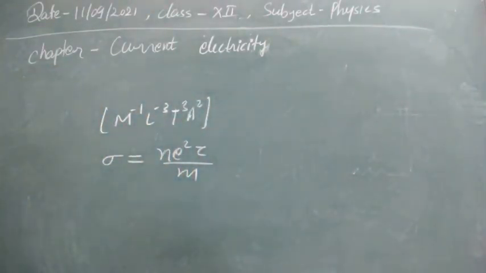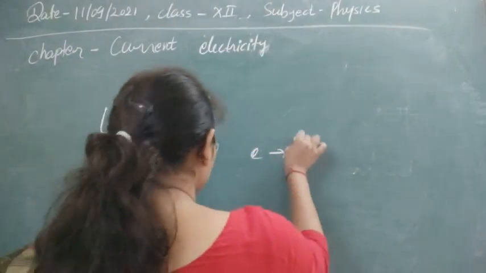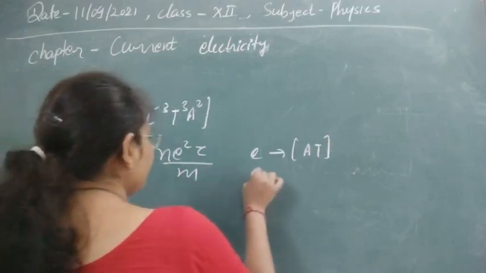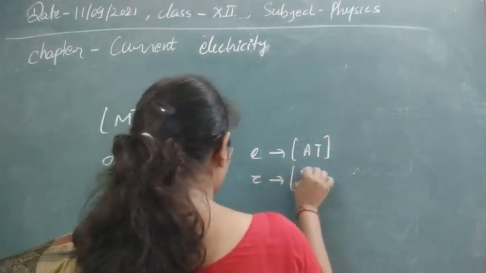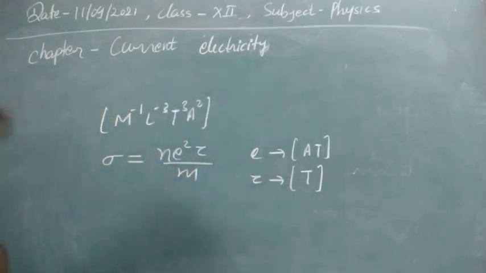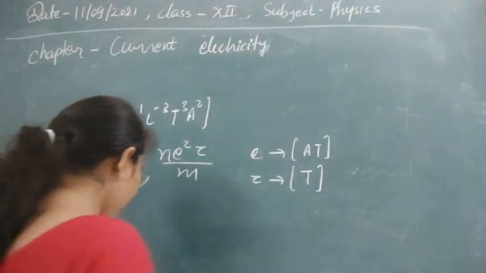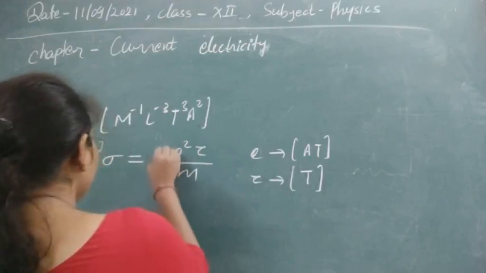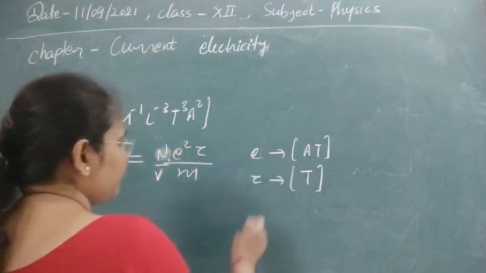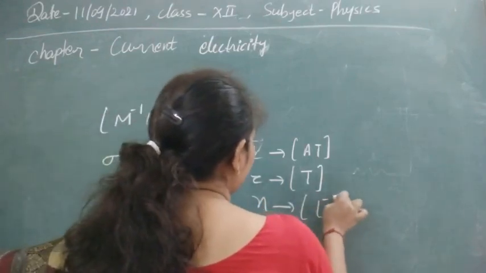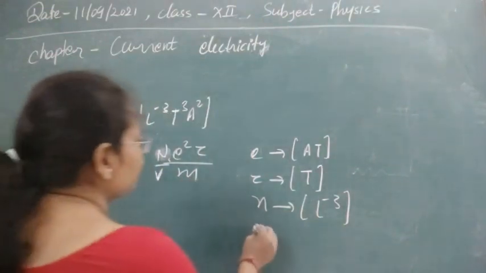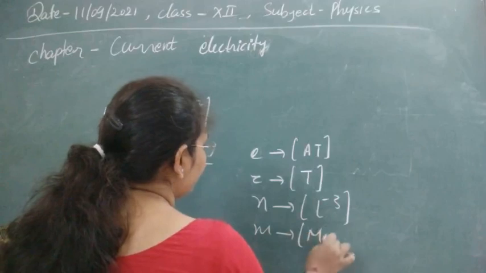And electronic charge e will have the unit AT. Tau is the relaxation time, which has the dimensional formula of time. Small n is the number of electrons per unit volume, so its unit will be L power minus 3. And the last one, mass, has the dimension M.